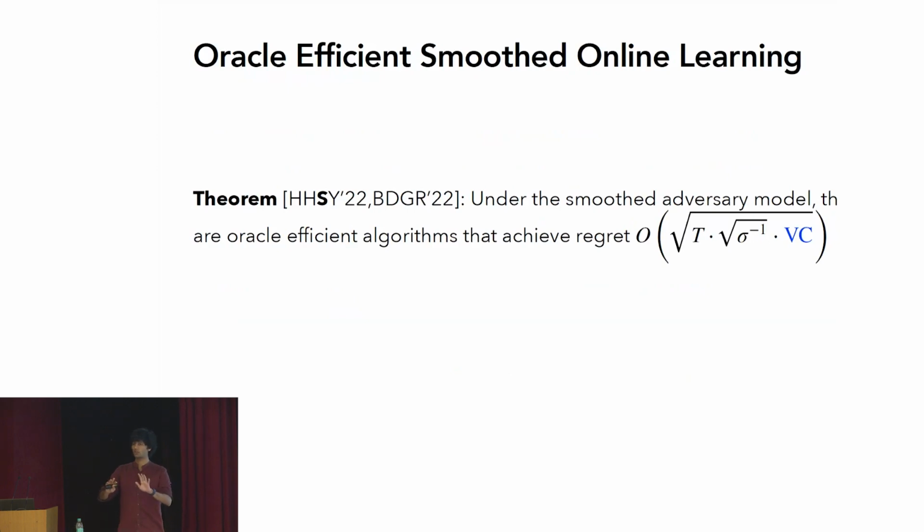It constructs an instance where if you're given exponential time, you can get square root t regret. But if you're given polynomial time in this oracle model, you cannot get t over 2 regret. Does that make sense?